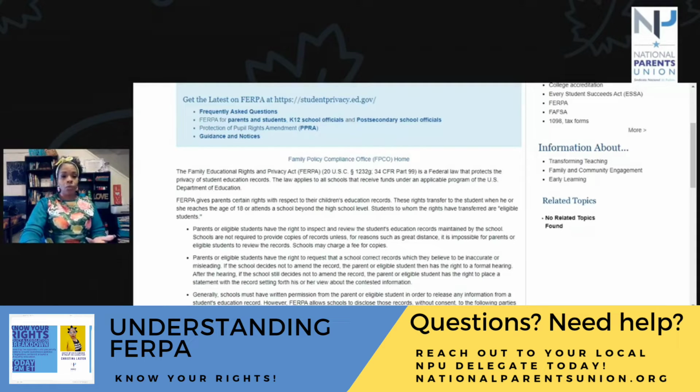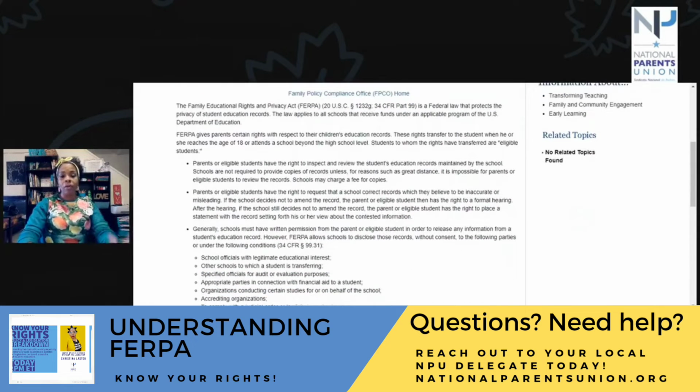Let's go to this right here, right? FERPA gives certain rights with respect to your child's education. These rights transfer to the student when they reach 18. I just said that, right? So this will tell you about the compliance, the rules, the regulations.